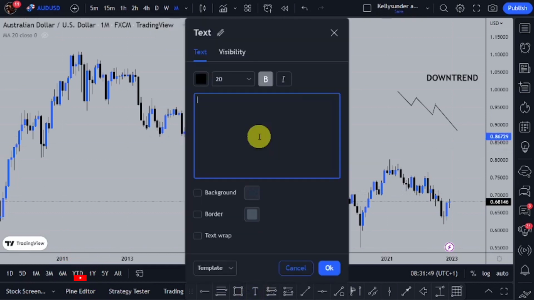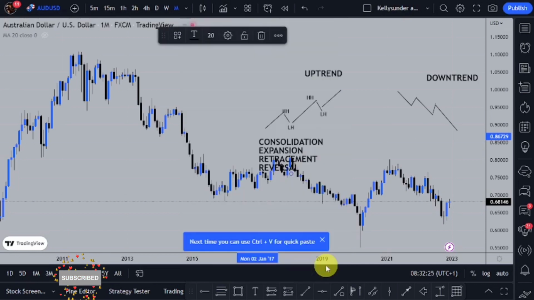The first is that the market is either in consolidation, or the market is in expansion, or the market is retracing, that is retracement, or the market is in a reversal. So this is the four market profile you expect to see in the market.